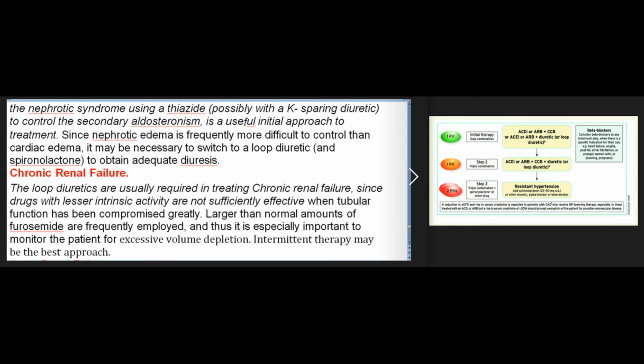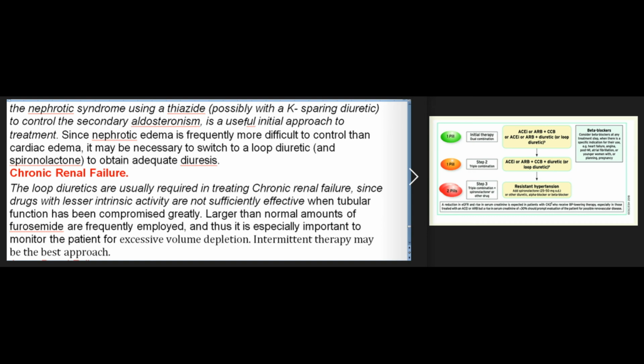Therapy of the nephrotic syndrome using a thiazide, possibly with a K-sparing diuretic, to control the secondary aldosteronism, is a useful initial approach to treatment. Since nephrotic edema is frequently more difficult to control than cardiac edema, it may be necessary to switch to a loop diuretic, and spironolactone, to obtain adequate diuresis.